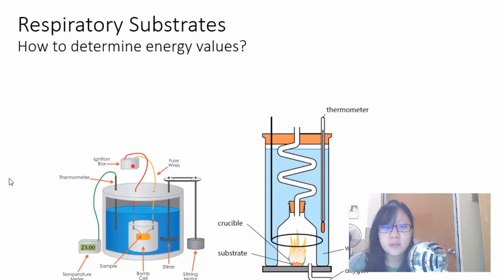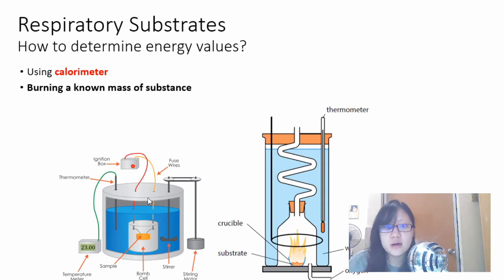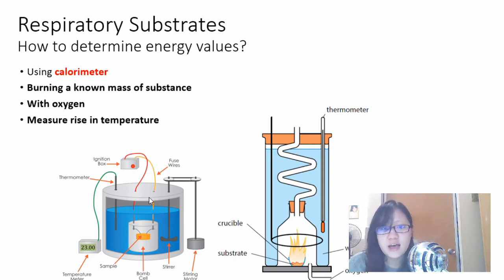Well, they came from an experiment using this machine here called a calorimeter. Now, a calorimeter is a fancy name and this is a fancy setup, but essentially it is very simple. You are just burning a known mass of substance with oxygen and measuring the rise in temperature of a known mass of water. When you burn the substrate, it breaks down and releases a certain amount of heat energy, which causes the rise in temperature of the water surrounding it.